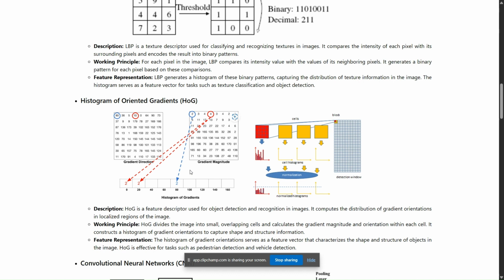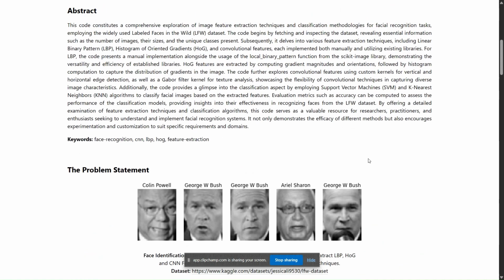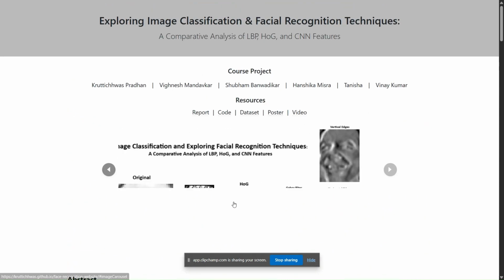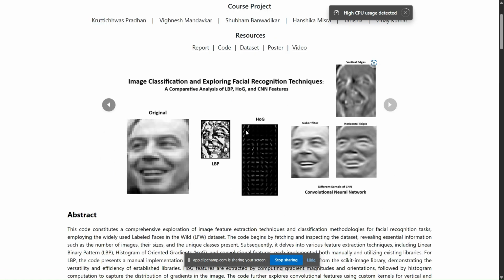And for the angle, we do tan inverse of gy by gx, that is vertical by horizontal. And now we have the magnitude for each pixel and the angle for each pixel, and we draw the image. An example of the image can be seen here. These are the different gradients, and we have the angle here, like suppose 45 degrees or anything like that.